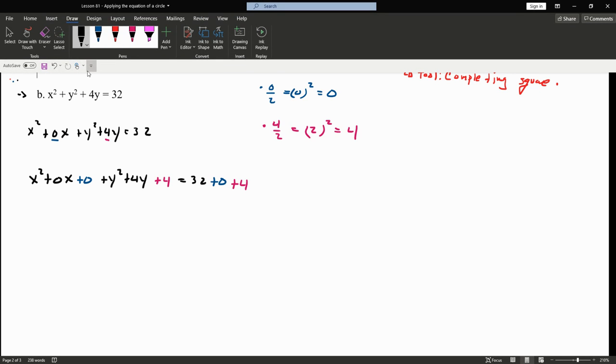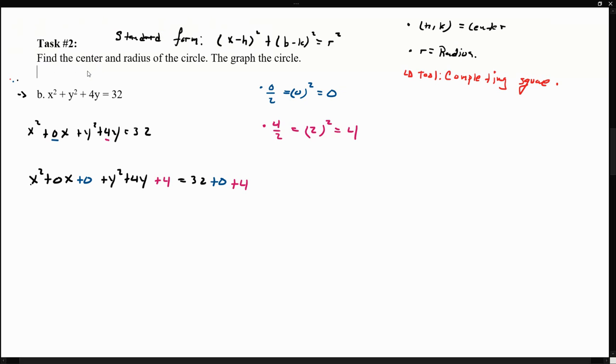Now notice that for this expression, the first three terms, we can factor them. Since they're all zeros, we can just think about this as x minus 0 squared. Convince yourself that these two expressions are the same.